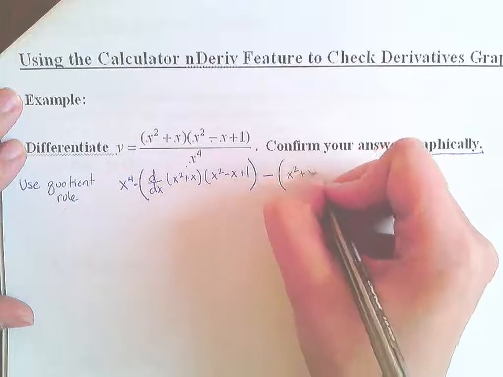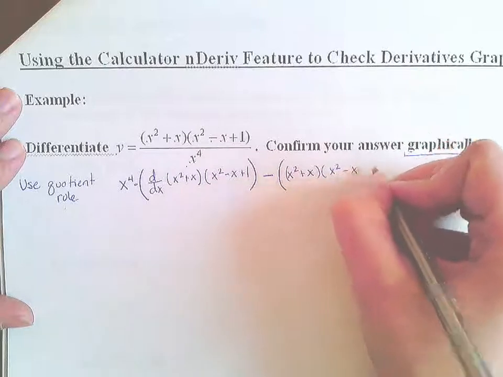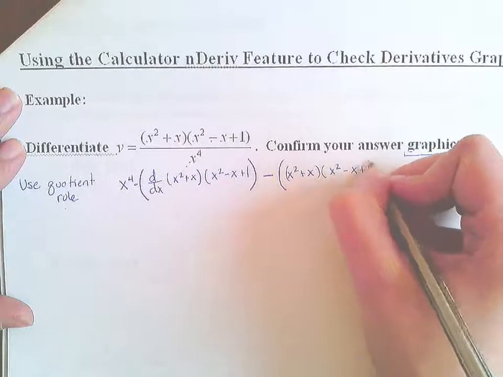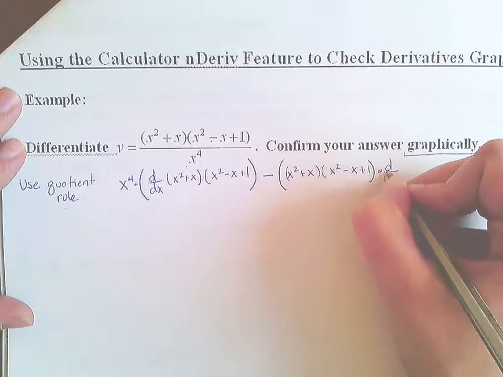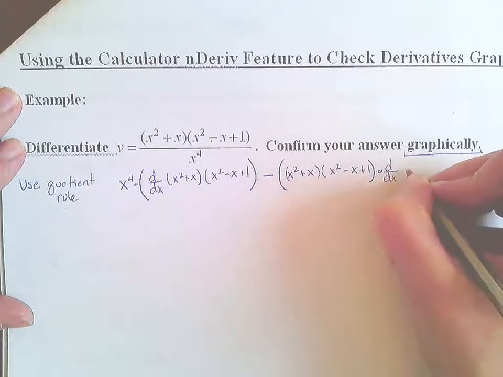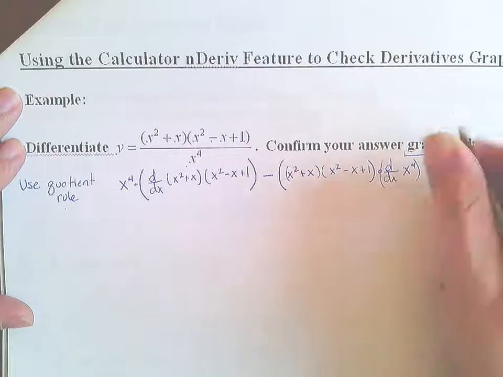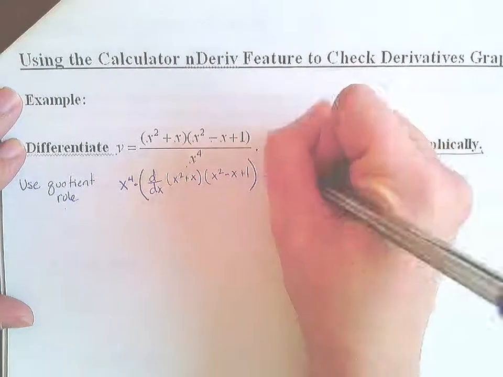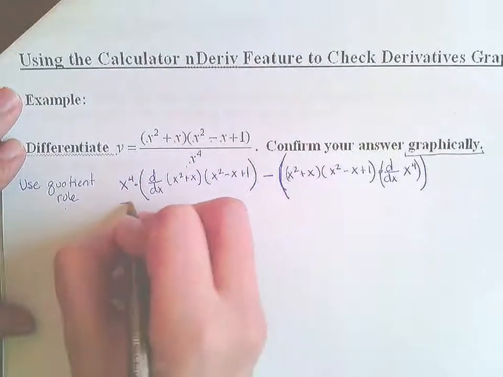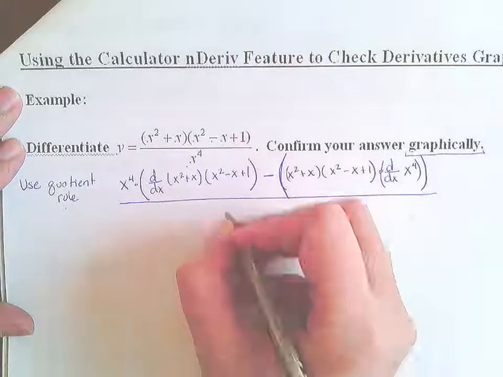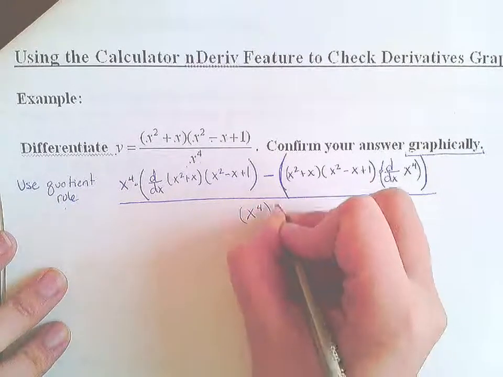So the top, as it is, times the derivative of the bottom. Please remember that these have to stay in that big parenthesis. And then all of that gets divided by x to the fourth squared.